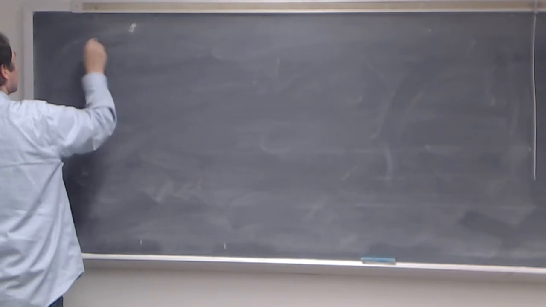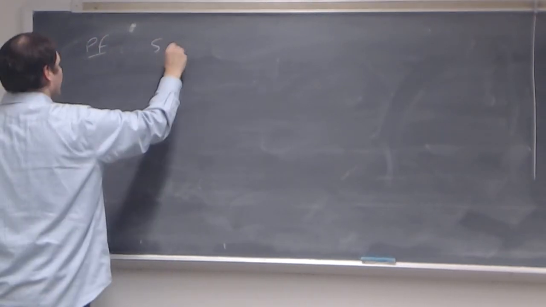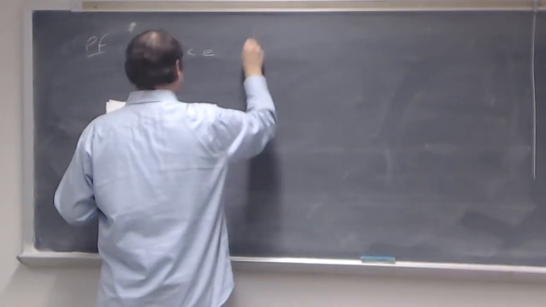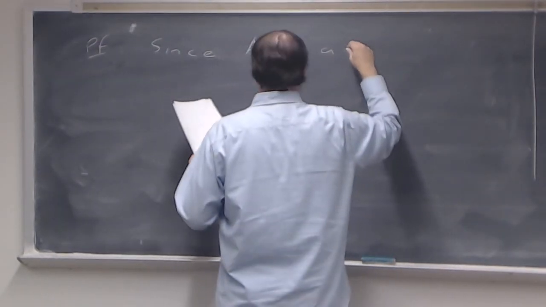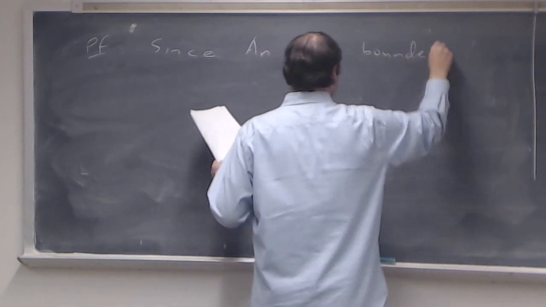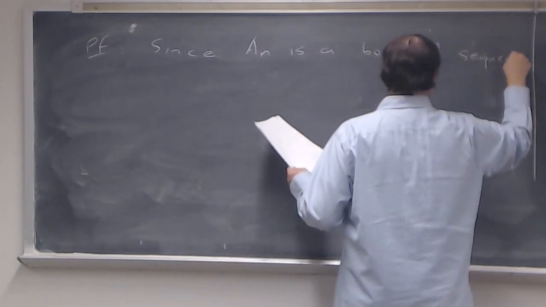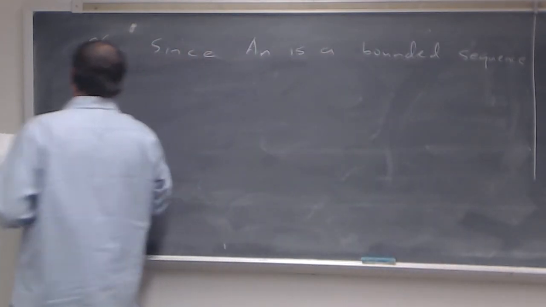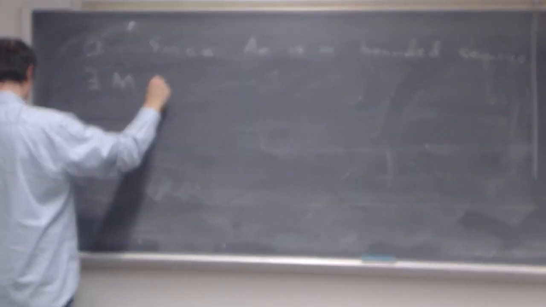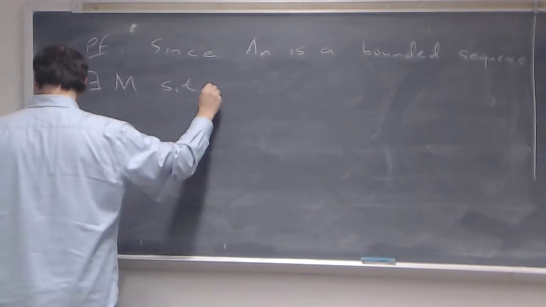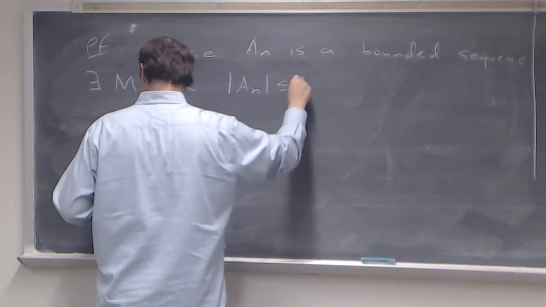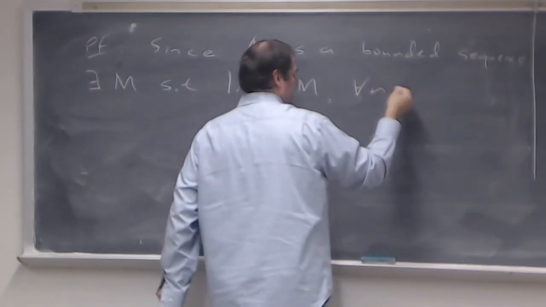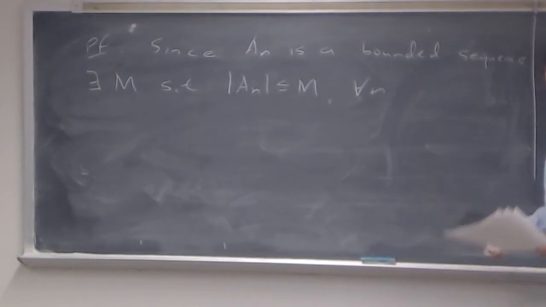To prove this, what we saw by observing is that since a sub n is a bounded sequence, there exists an m that's some positive number such that the absolute value of a sub n, remember this could be complex, is less than or equal to m. And that's true for all n that are natural numbers.